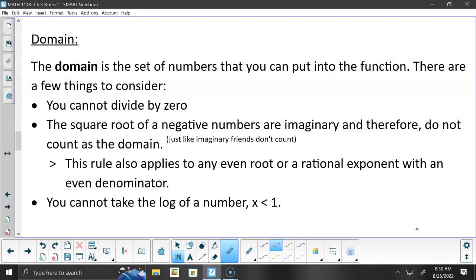We kind of remember it. Domain is really just what x values the function is going to work for. And there's a couple major restrictions. You can't take a log of a negative number or a zero. You can't divide by zero. So when we did rational functions last year, anything that made the denominator equal zero became an issue in our domain. And then square roots of negative numbers, yes, they're imaginary numbers, but we don't graph imaginary on the same plane as the real.